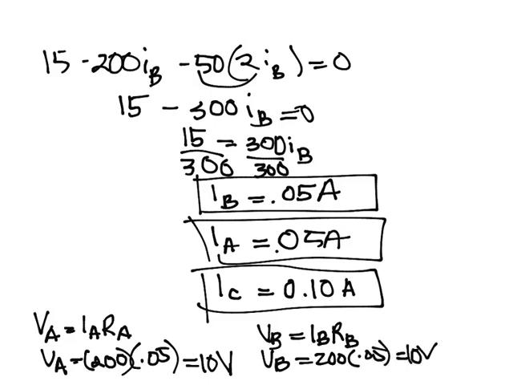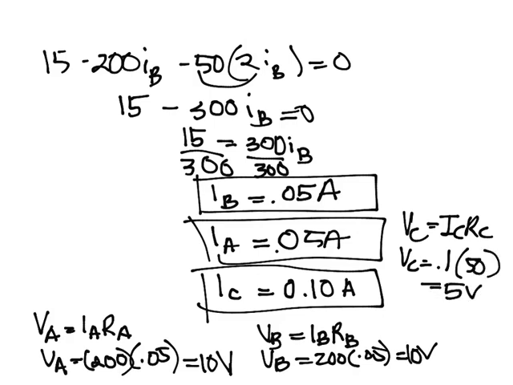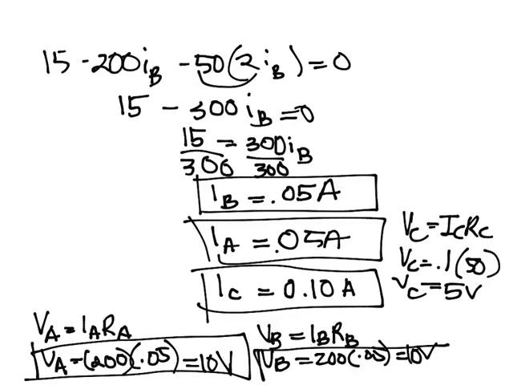And for VC, I have IC, RC, and that's going to be 0.1 times 50, which is equal to 5 volts. Okay, so now through this whole process, I was able to find all of my currents and all of my voltages.